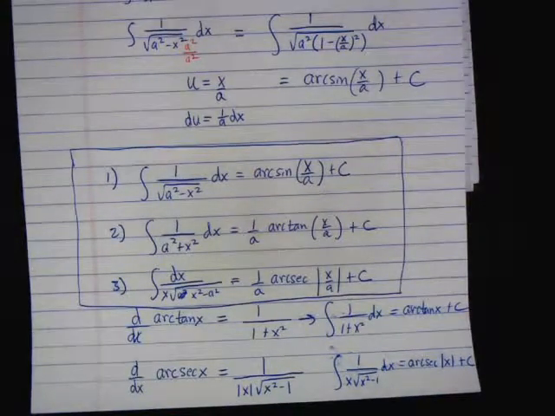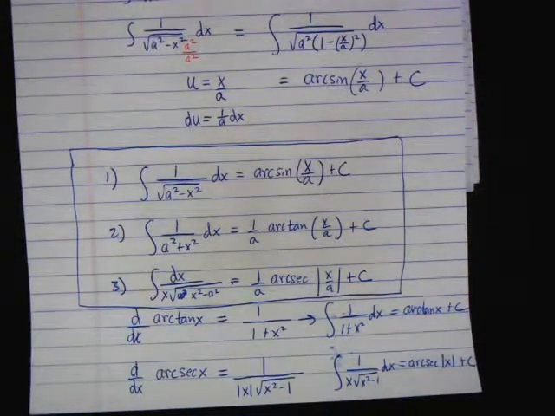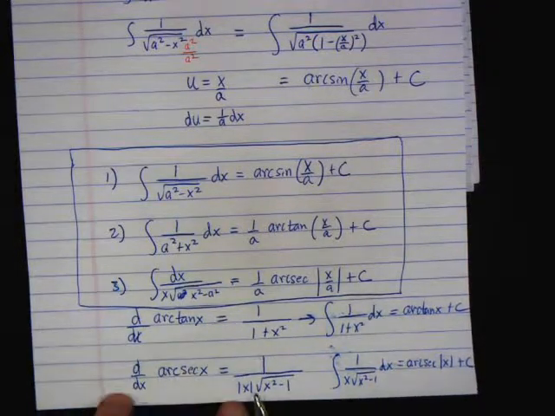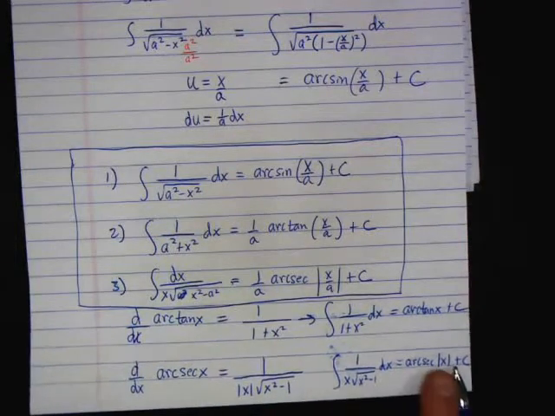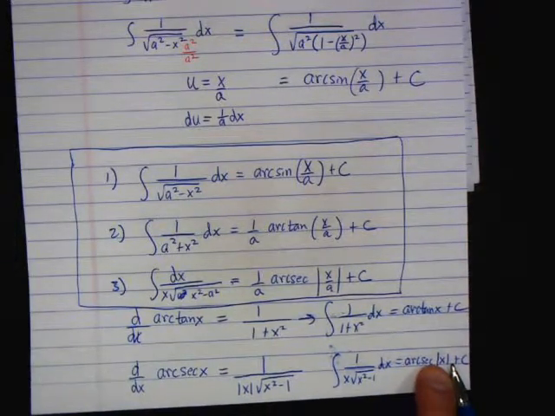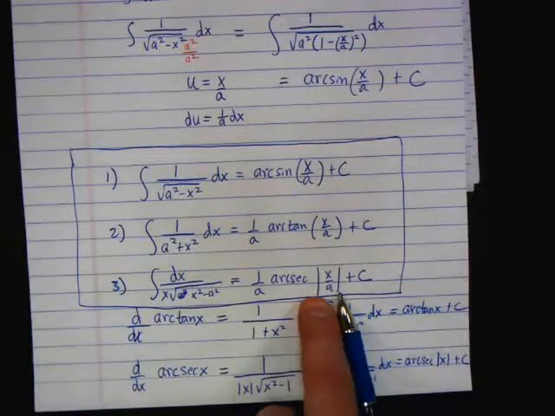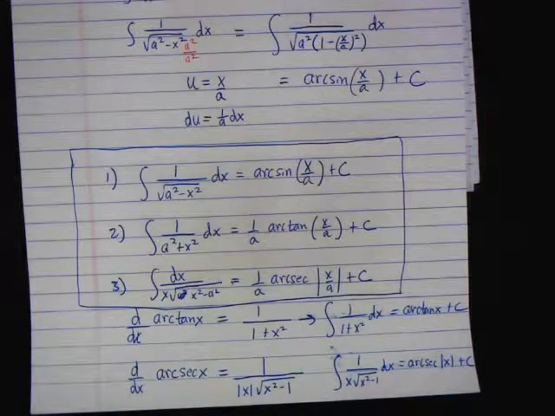So those are the 3 new forms that we'll use in this section. Questions on any of those? So we're not worrying about the absolute value of x with the rule. We bring it back in. Notice for the derivative rule, we put the absolute value here. For the integration rule, we put the absolute value there. Okay?